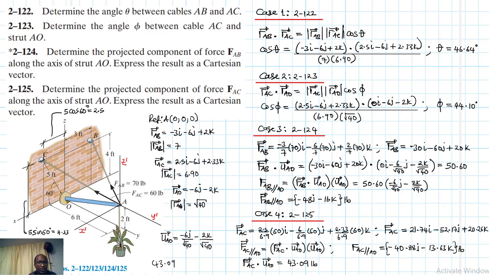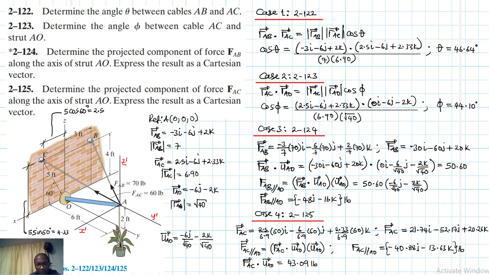Let me just confirm it again. So we have that is 52.17 times 6 divided by root of 40, okay, minus 2 by 20.26 divided by root of 40, 43.09. Alright, I think this is about it. I guess we are done.